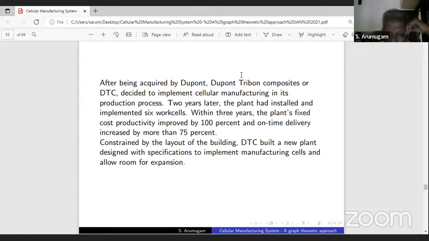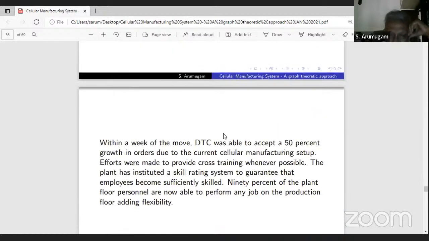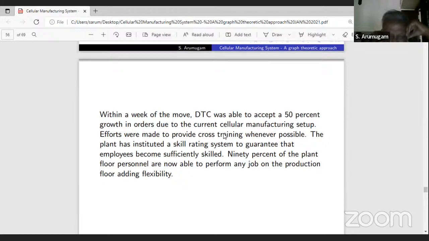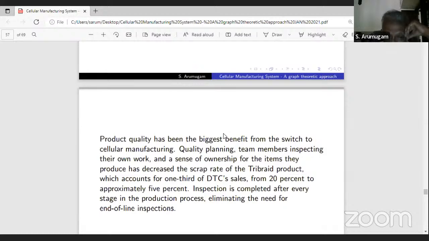Within 2 years, they installed 6 work cells, and productivity improved by 100% and on-time delivery increased by 75%. A company which was almost at the point of getting closed became a tremendous profit-making system after the implementation of cellular manufacturing.